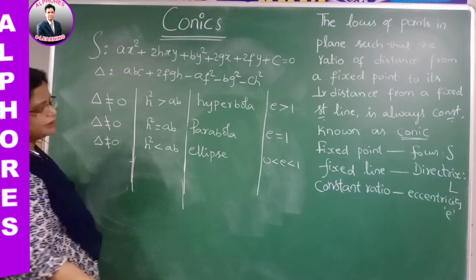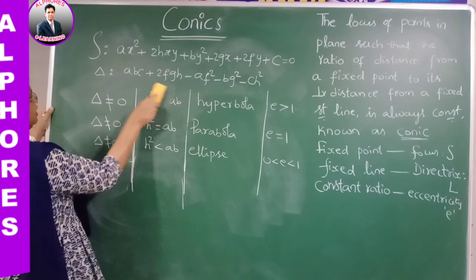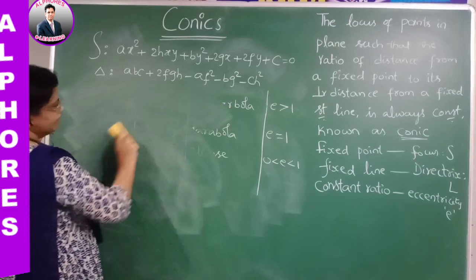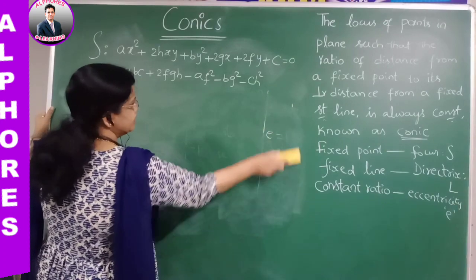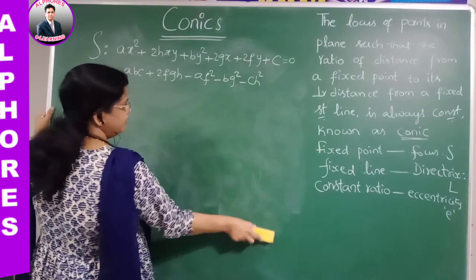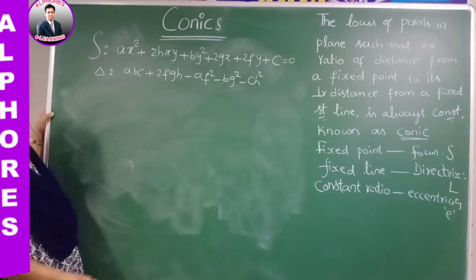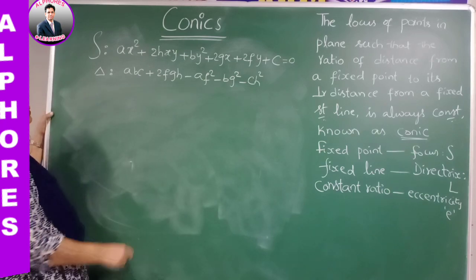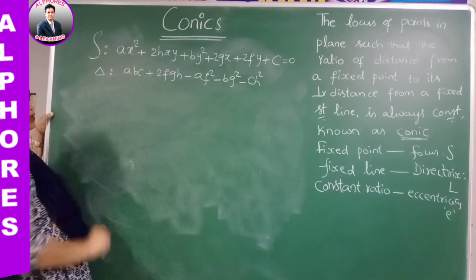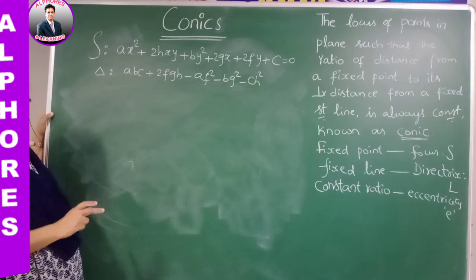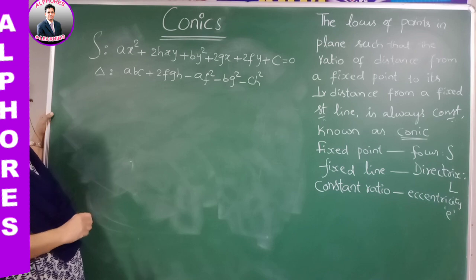Got it, all of you? So the second degree equation represents almost whatever we have studied up to now: the pair of lines, the circle, and what we are going to study now, the parabola, ellipse and hyperbola. Then there are some new terminology we are going to introduce.